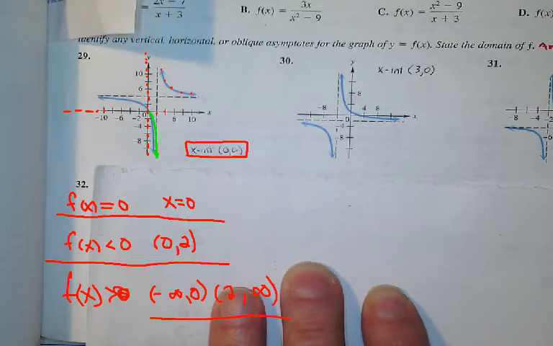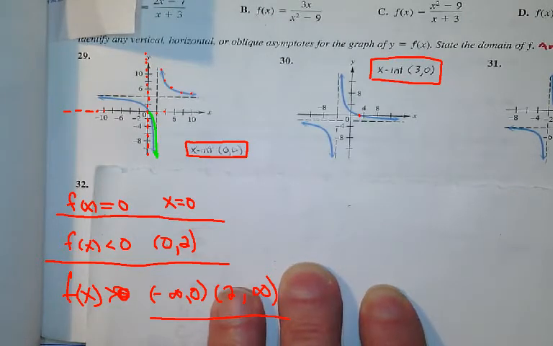So here, I know that the x-intercept is at 3, right there. I can tell that there's a vertical asymptote at -4.